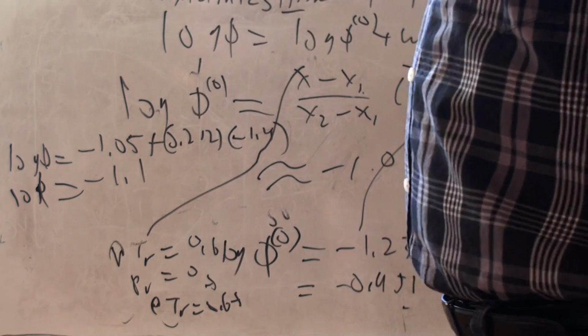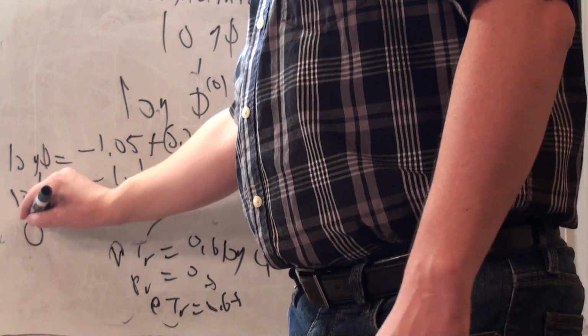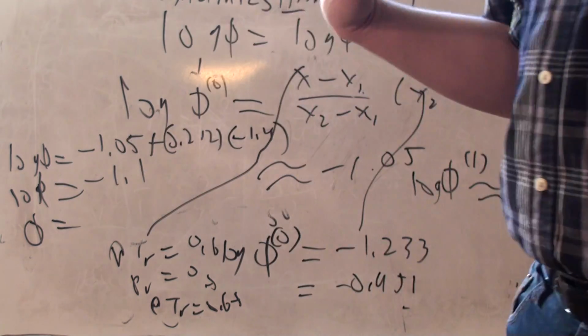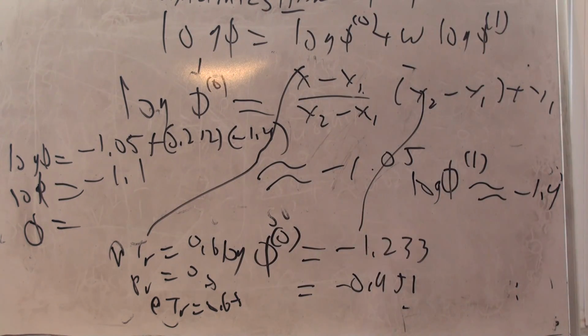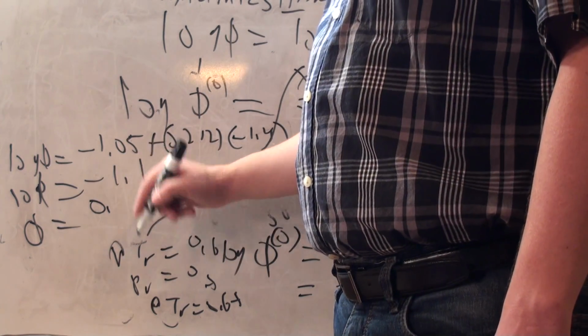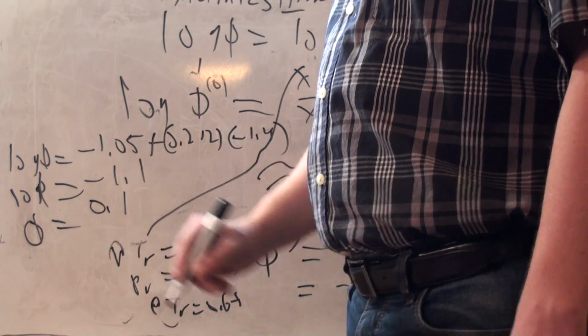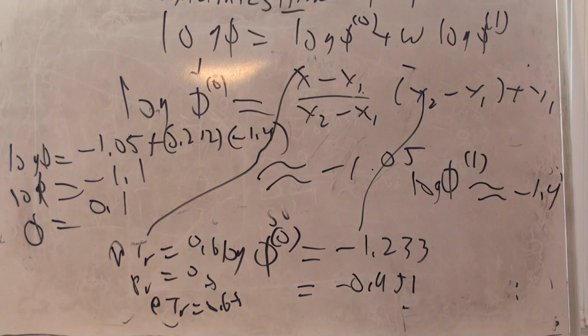Again, I'm ballparking, but to get phi, I do 10 to the negative 1.1. What's 10 to the negative 1.1? Probably about 0.1. We'll just say 0.1. It's close enough for government work.